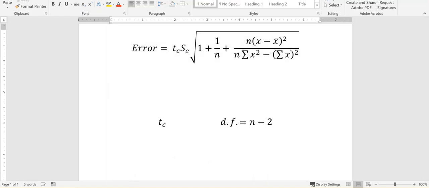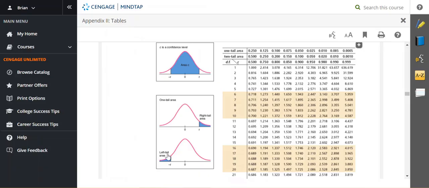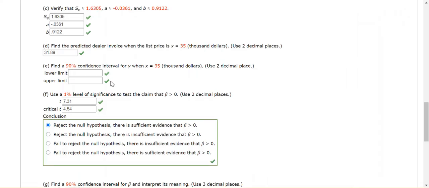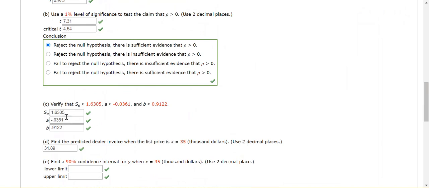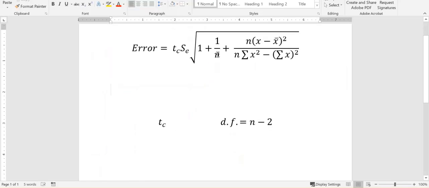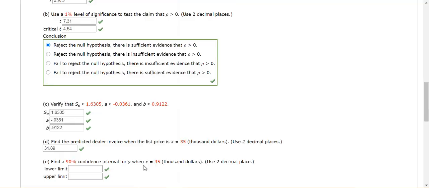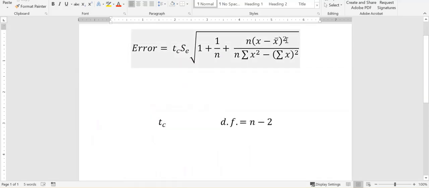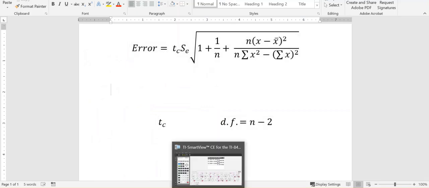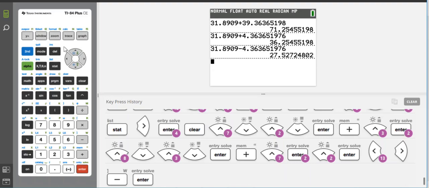Our SE we have already found. So that is 1.6305. We already know our n. Our n is equal to 5. And the x that they're asking us about will be 35. The x bar, that's the average of the x's. Now we may not actually have that written down anywhere, but we can calculate that real quick.